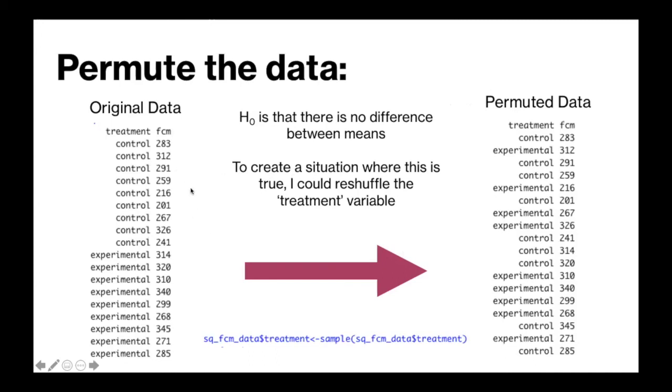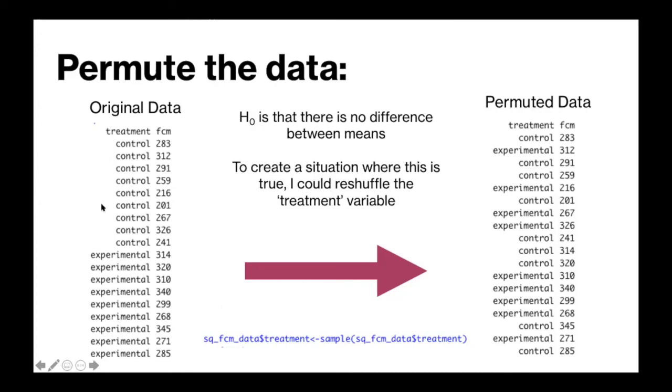Now, in this case, our null hypothesis is that there's no difference between the means. And if this is true, then we should be able to reshuffle our labels of control and experimental, and it wouldn't have any effect on our conclusions. So that's what I mean by breaking the hypothesized association.